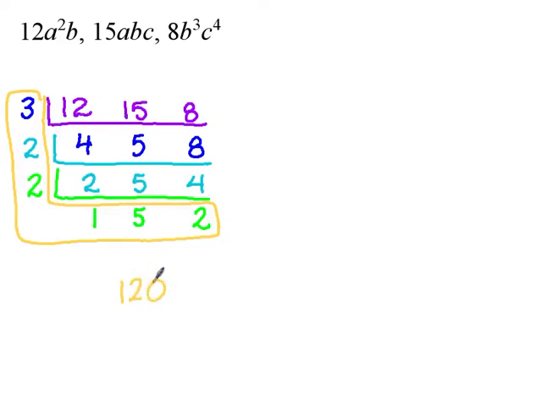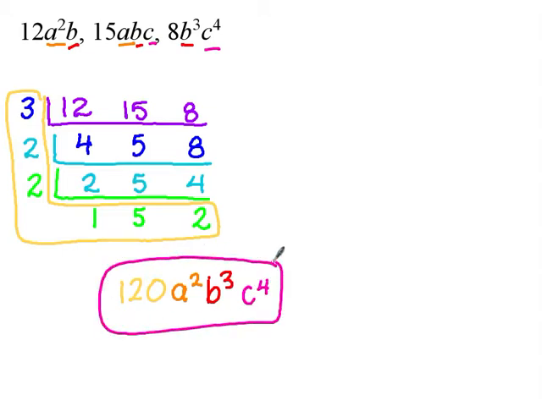So that is my LCM of the numbers. Now I'm going to look at the variables. I've got a squared, a, and nothing. So what's my power of a? A squared. Very good. Okay, b cubed. So the power is b cubed. And then the last one will be c to the fourth. So that is my LCM.